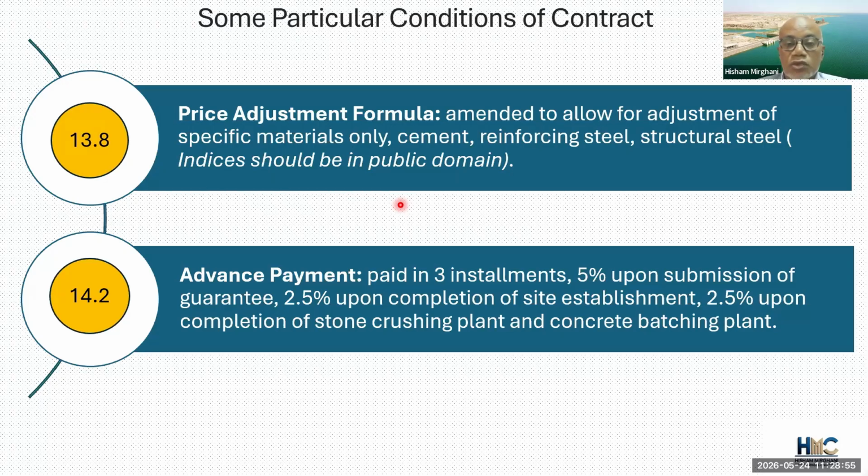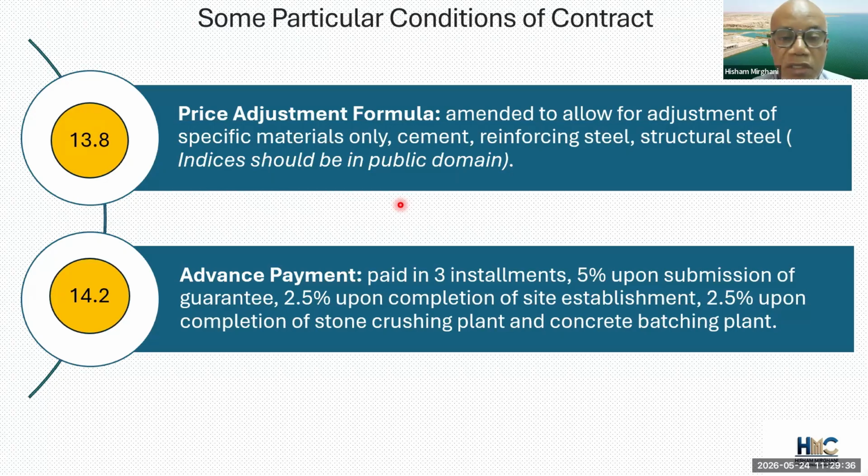And there was a dispute regarding the reliability of these indices, regarding the calculations, regarding the interpretation of the clause, and it went to DAB. And as a result, in subsequent projects, that formula was amended to include adjustment of only specific materials, namely cement, reinforcing steel, and structural steel, and proxy indices were adopted that were reliable and were in the public domain.